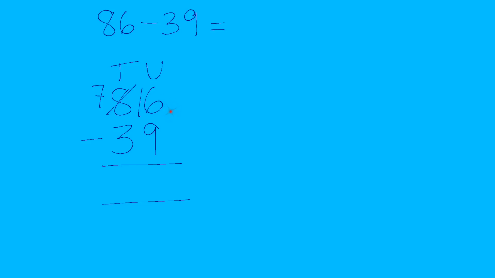Now we can do 16 subtract 9. 16 subtract 9 is 7, and then the tens column, 7 subtract 3 is 4. So 86 subtract 39 is 47.